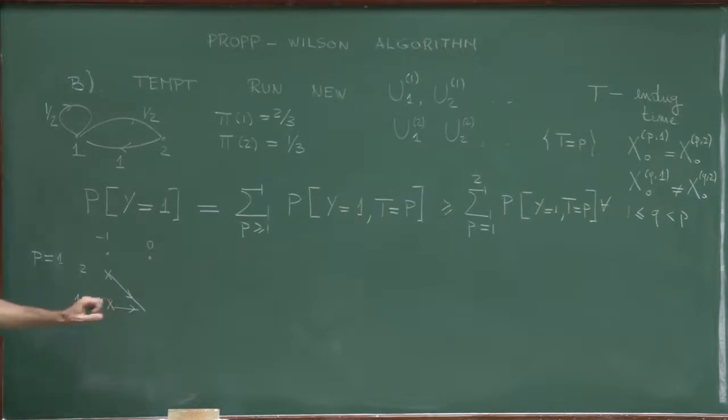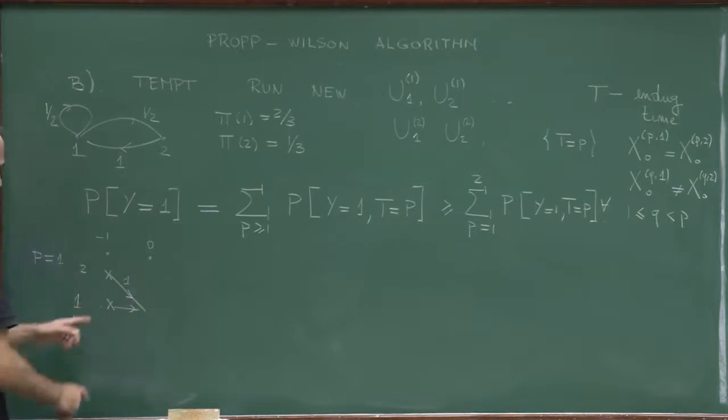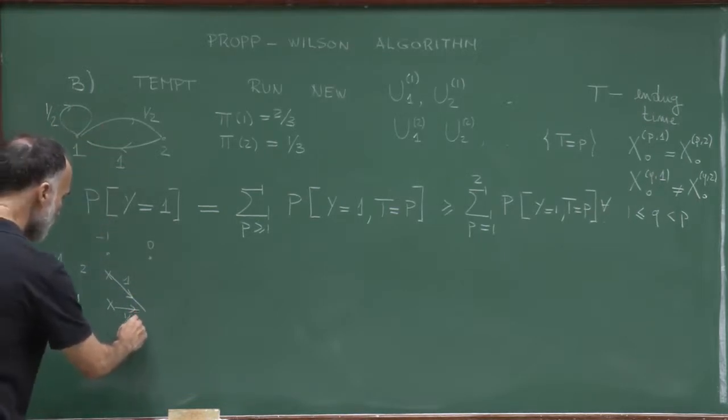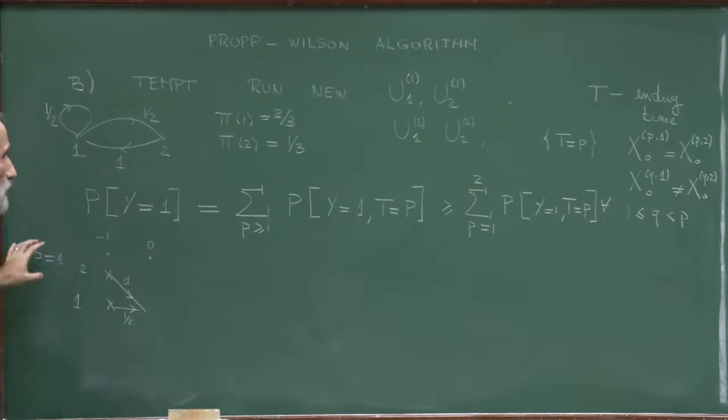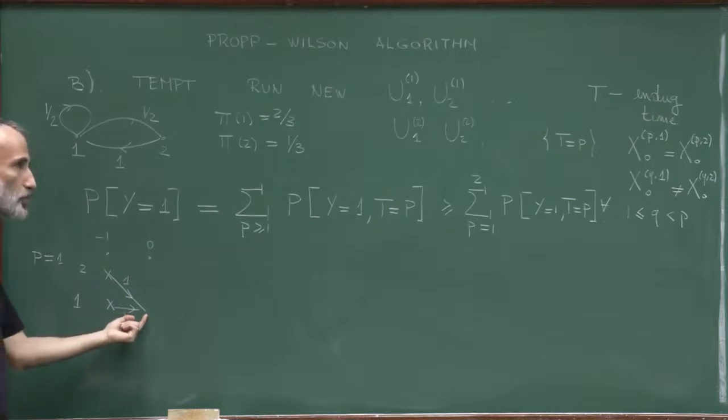And what is this probability? You see that 2 will always jump to 1, but 1 jumps to 1 with probability 1/2 and jumps to 2 with probability 1/2. So the probability that you end at stage 1 is 1/2, and if you end at stage 1, the output is indeed 1.